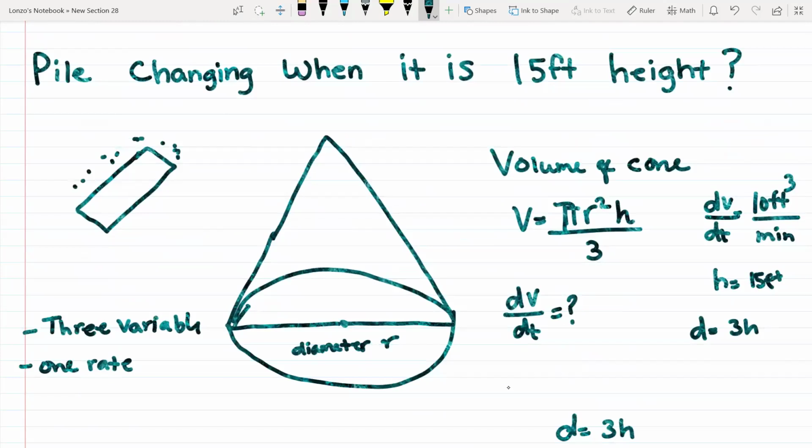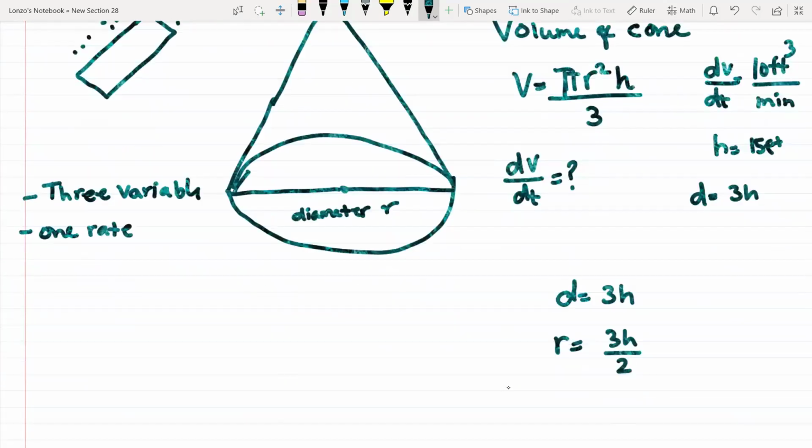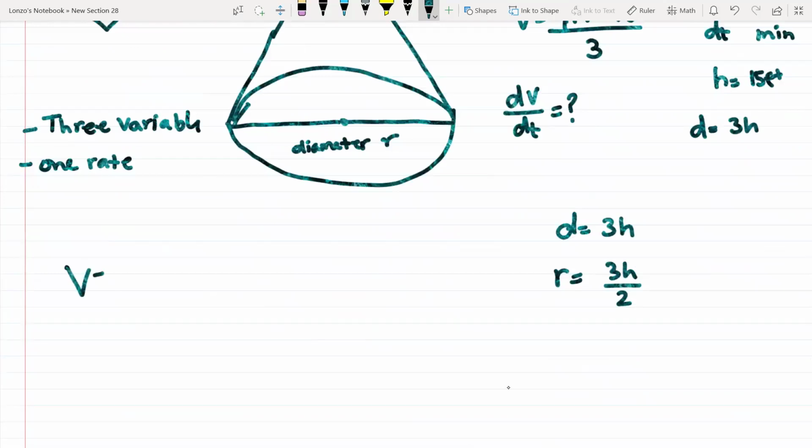That's why I didn't substitute my height. So now I'm going to rewrite this as V equals 1/3 pi, and replace my r with (3/2 h) squared, times h.